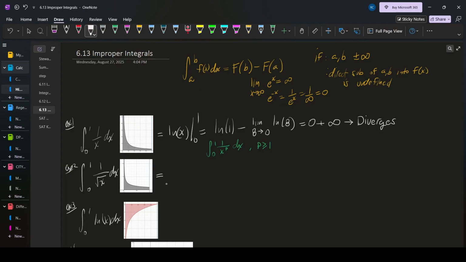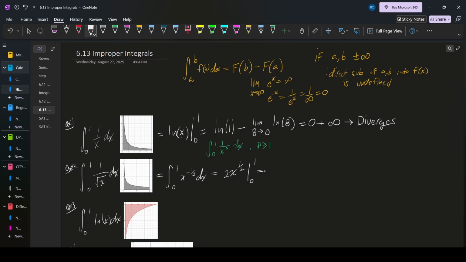I'm going to quickly first rewrite this integrand as x to the negative 1/2 dx. And now we can take our integral using power rule, add 1 to the exponent, and divide by that new exponent. So x to the 1/2 over 1/2. So this becomes 2x to the 1/2, integrated from 0 to 1.